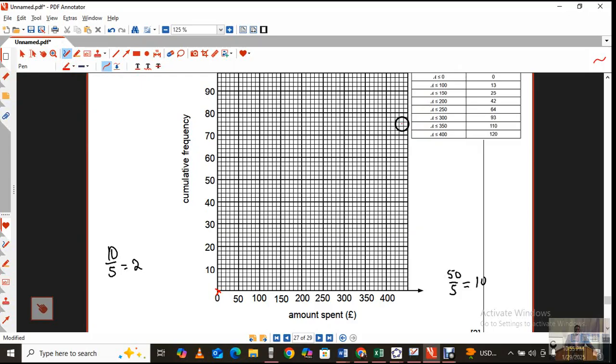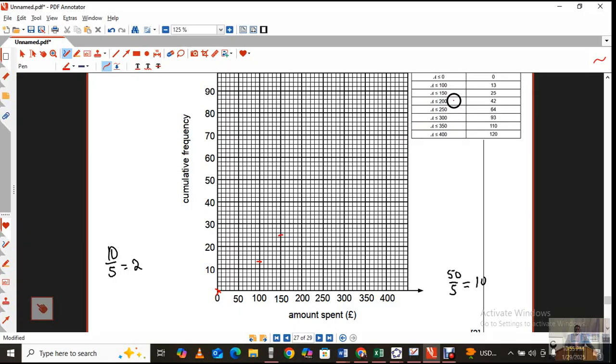If it's 100, it's giving me 13. Now 100, 10 is there, 12 will be there because this block is 2, 13 will be in the middle, more or less. If it's 150, it's 25. 150 will be, 20 is there, 22, 24, 25 is in the middle.